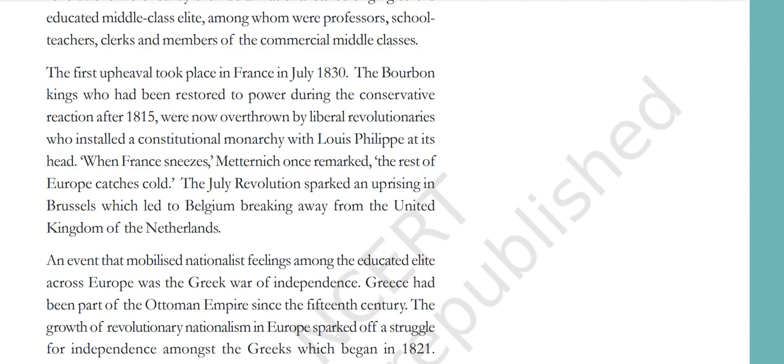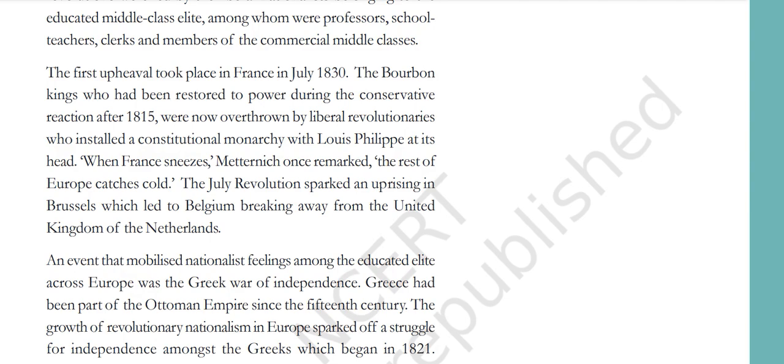The Bourbon kings, who had been restored to power during the conservative reaction after 1815, were now overthrown by liberal revolutionaries who installed a constitutional monarchy with Louis Philippe at its head. When France sneezes, Metternich once remarked, the rest of Europe catches cold.